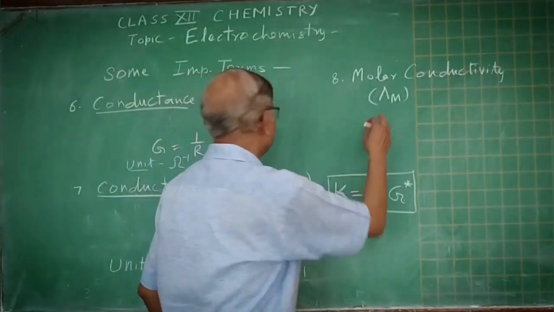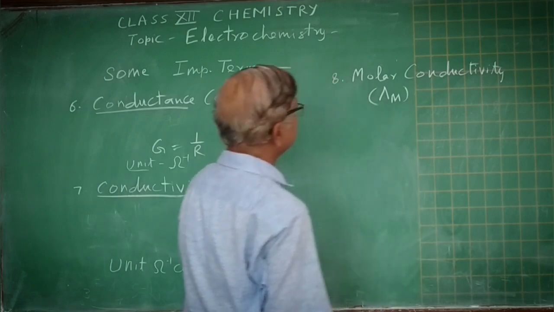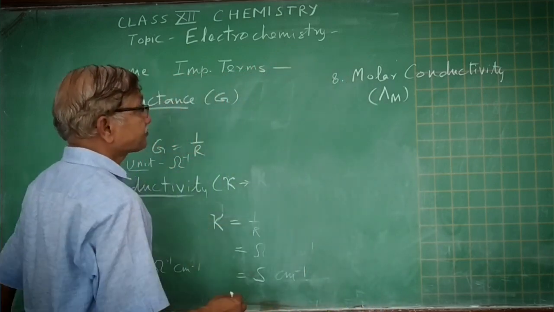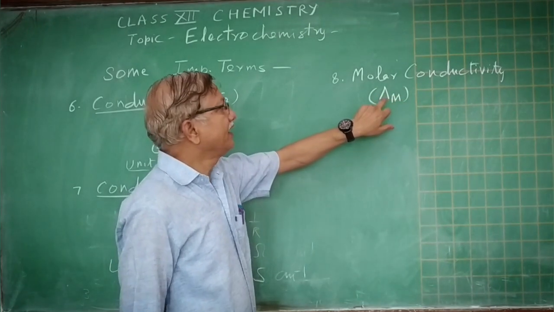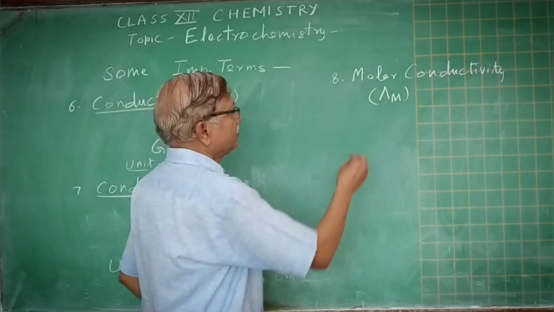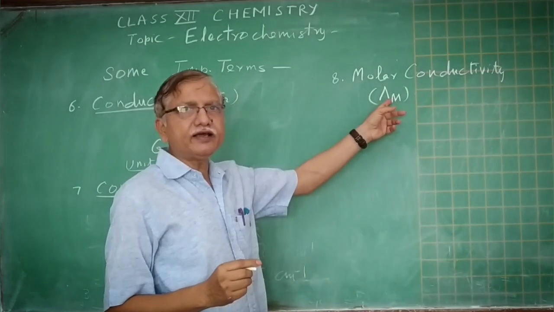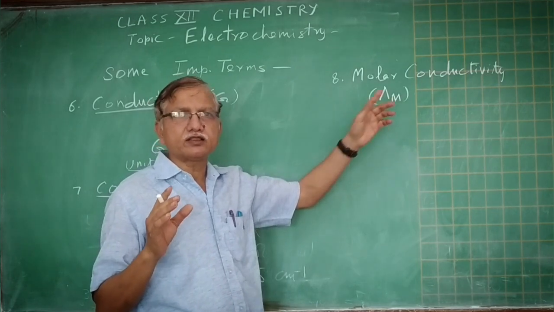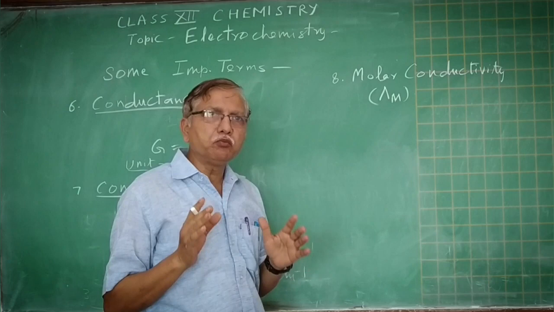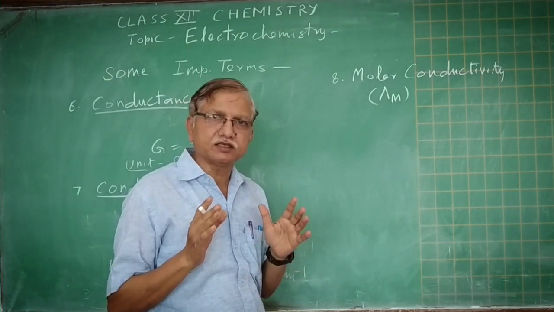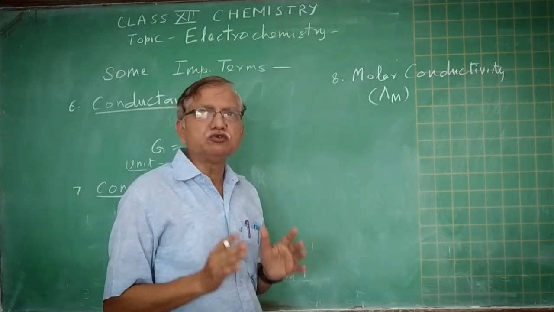Now next is molar conductivity. It is a very important term in electrochemistry. Molar conductivity is denoted by lambda m. M for molarity, and this is lambda. It is defined as the conductivity of a solution prepared by dissolving 1 mole of electrolyte in solution.